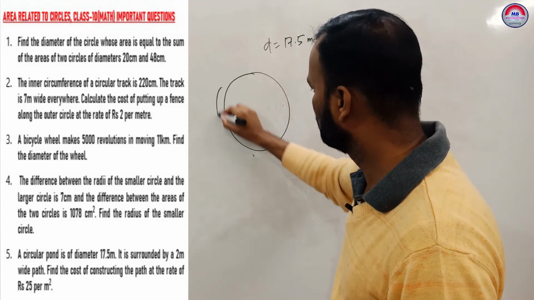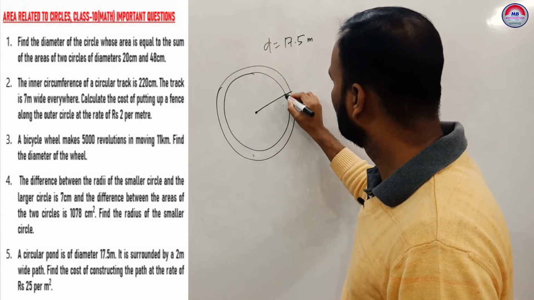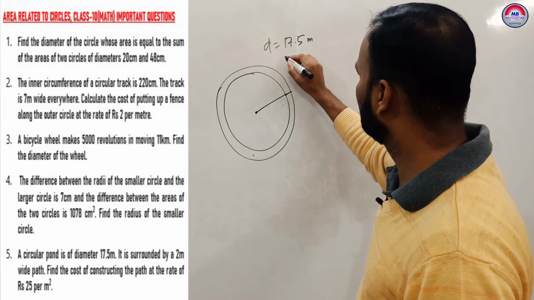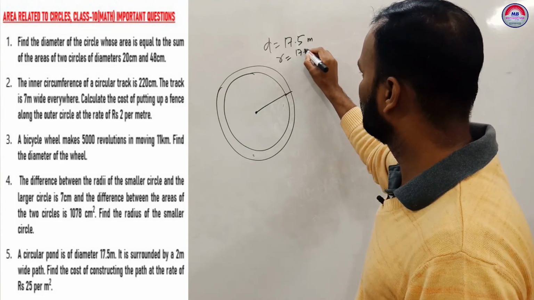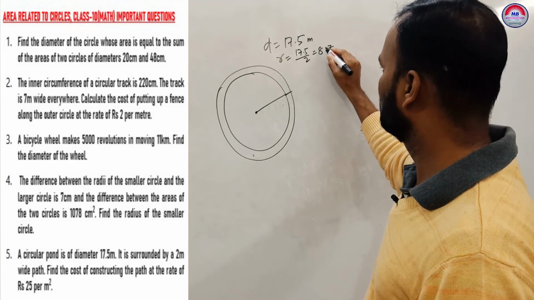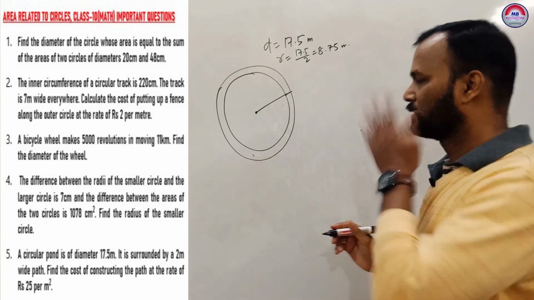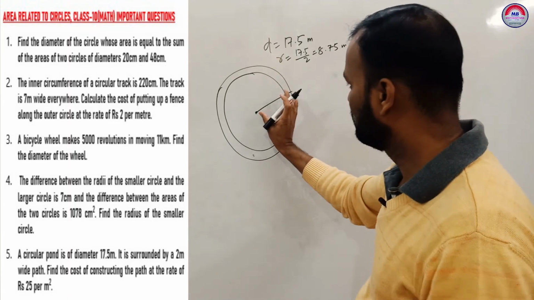Circular pond surrounded by a 2 meter wide path. Diameter given 17.5, so radius equal to 17.5 by 2. If we divide, 8.75 meter. Clear? Pond given, radius 8.75 meter.